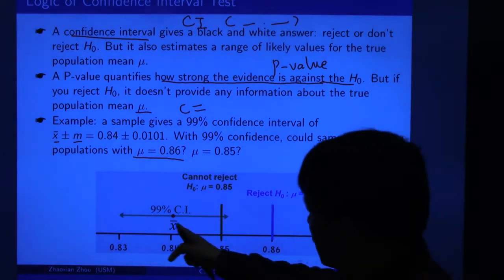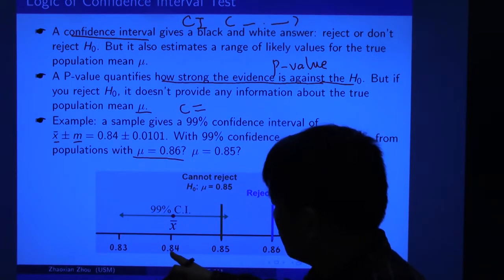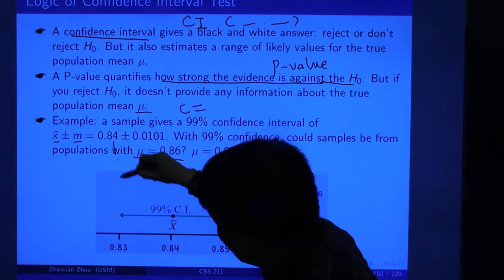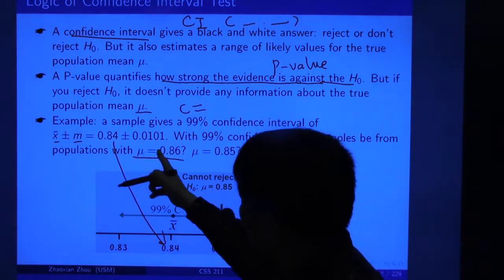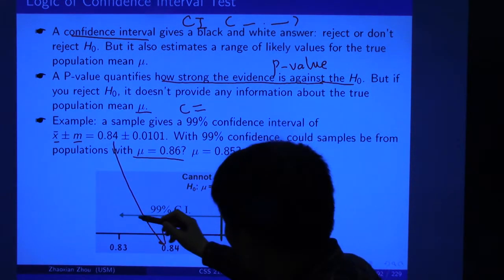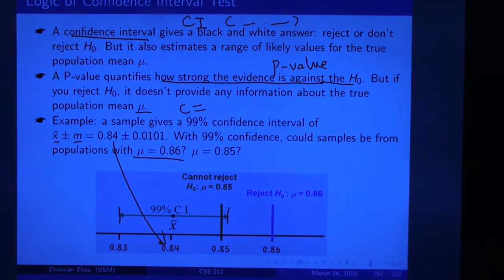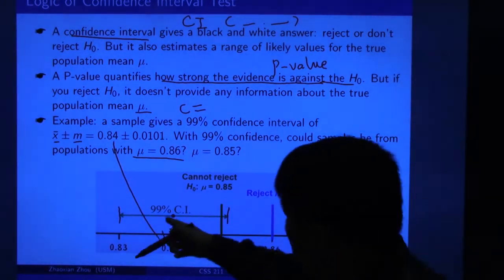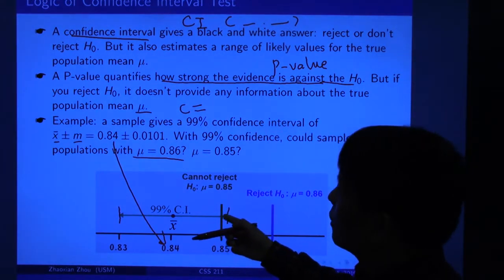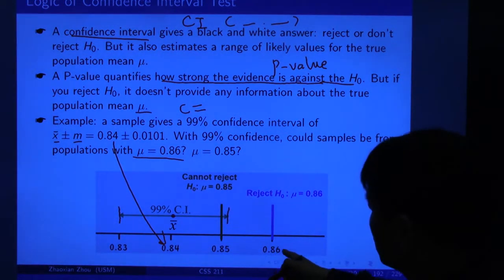For this confidence interval, we draw this. The sample mean equals 0.84, so this one is here. And plus minus 0.01, so it's from here to here. This is the confidence interval. Can this random sample come from a population whose mu equals 0.86?